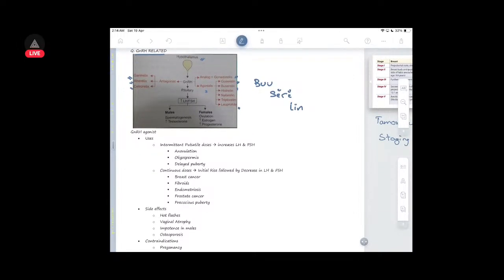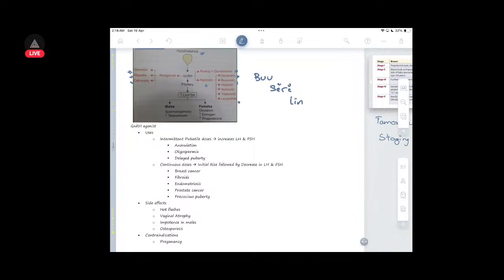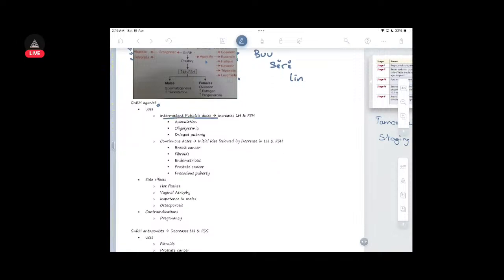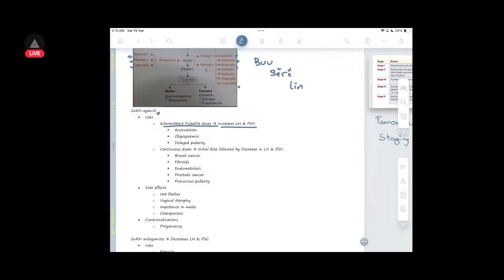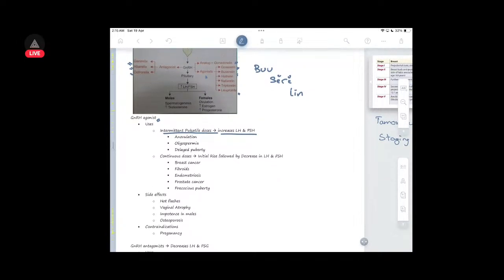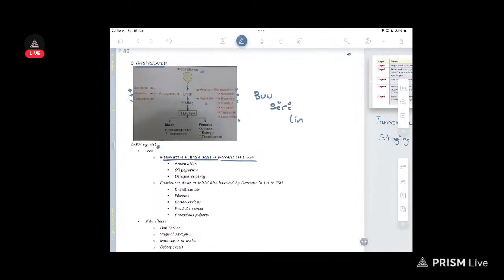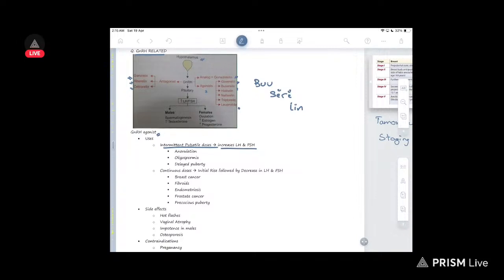So basically they act on all of these analogs, agonist and antagonist. Agonist uses an intermittent pulsatile dose, which increases the LH and FSH. Antagonist decreases the LH and FSH. In males, it will lead to spermatogenesis and increased testosterone.